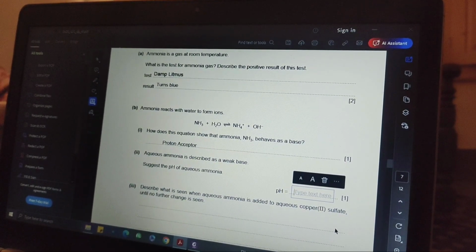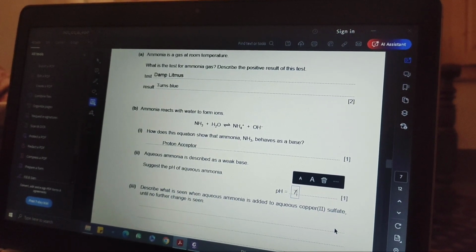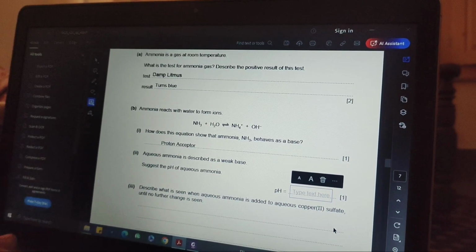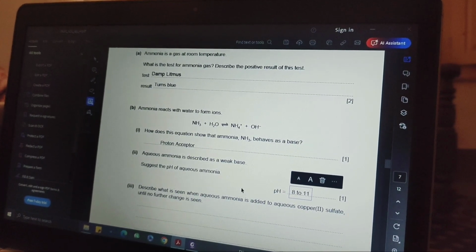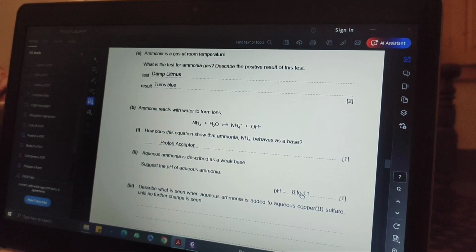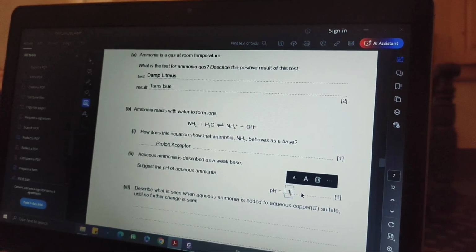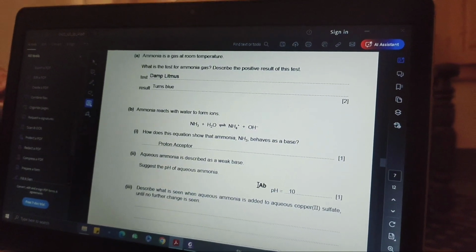Any value you can write, like 7.5 or 8 to 11, but you will be providing a single answer. Like here, I'll be saying, let's just say 10 or 9. So that's a weak base.